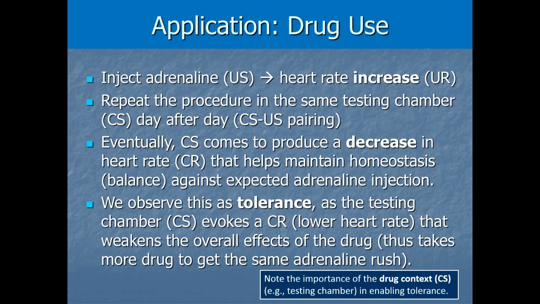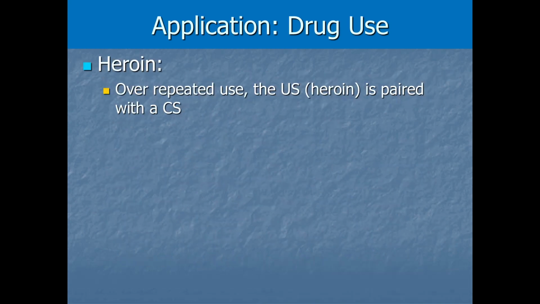Now, why do I bring up this artificial example with lab rats? Because the same idea actually helps us understand something that kills a lot of people in real life drug use situations. So for example, heroin users, over repeated use, will often develop a tolerance, and as they're developing this tolerance, they're often using the drug in a particular context.